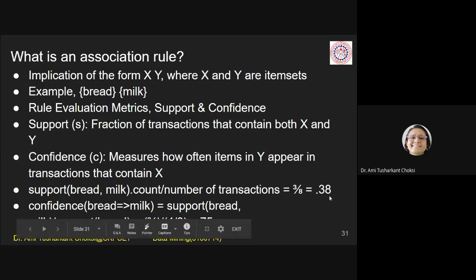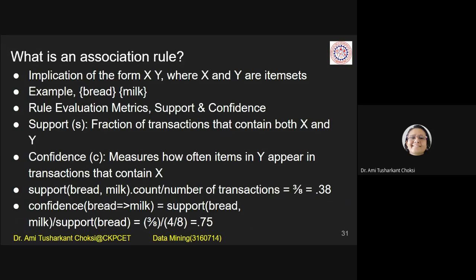Fine. Now we want to find the confidence of the same rule. What is that rule? Bread implies milk. So for that, what we need to do is the support count of bread, milk divided by the support count of bread, isn't it?